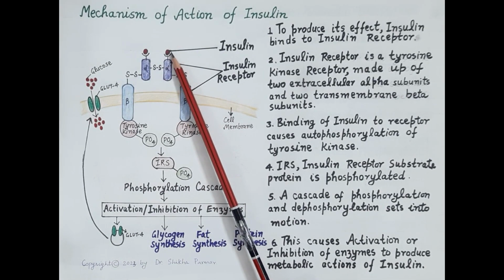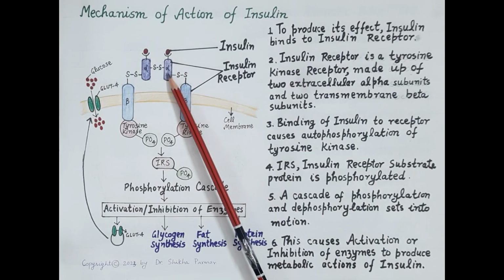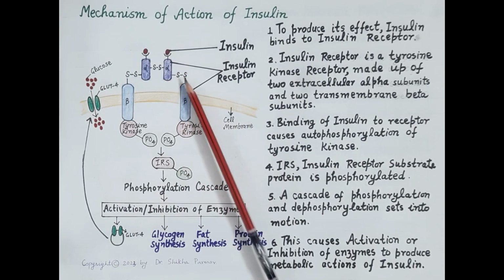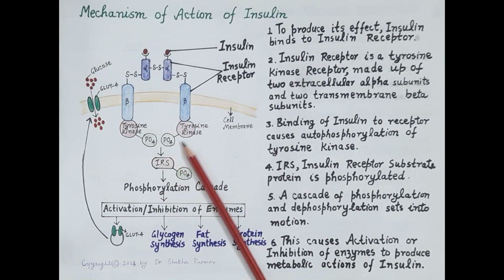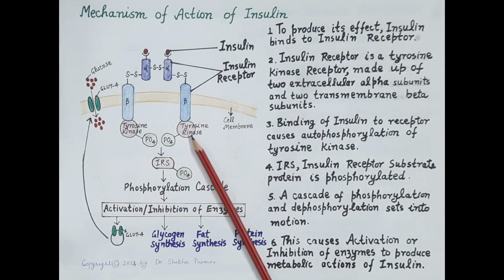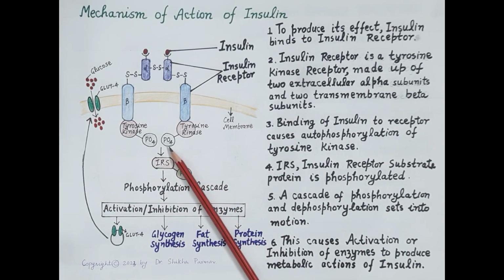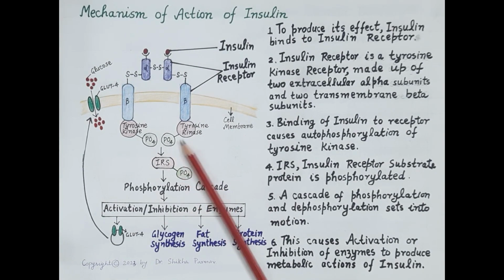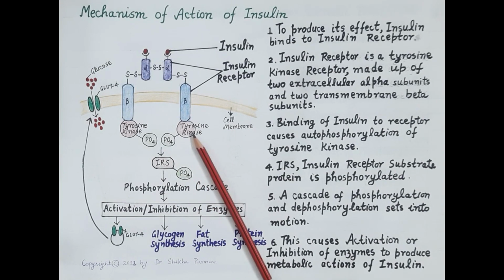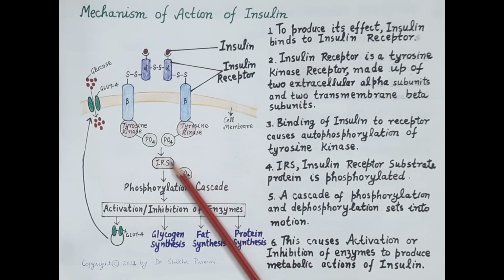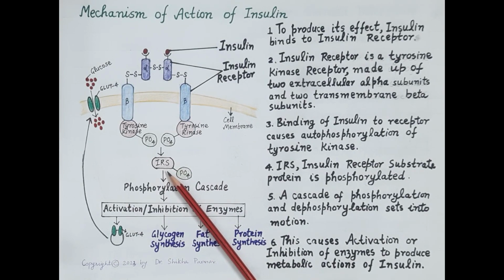Binding of insulin to the insulin receptor causes autophosphorylation of the enzyme tyrosine kinase. On phosphorylation, the tyrosine kinase enzyme gets activated and causes phosphorylation of IRS, that is, insulin receptor substrate protein gets phosphorylated.